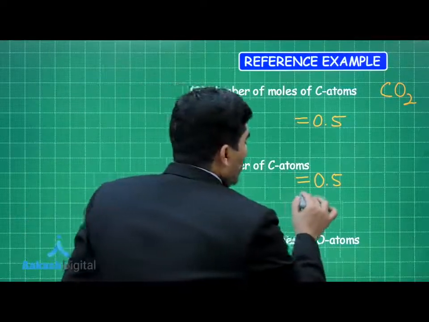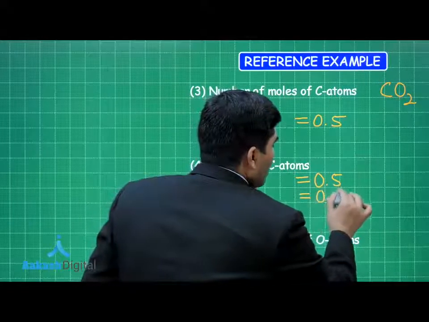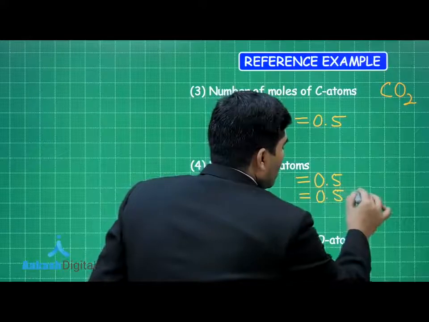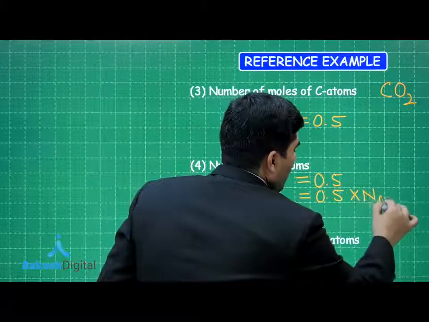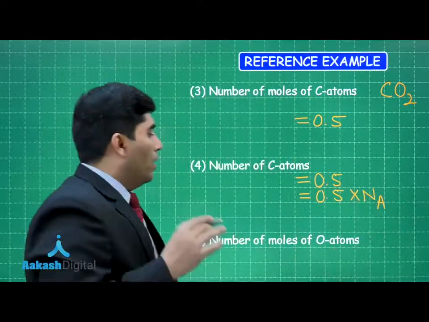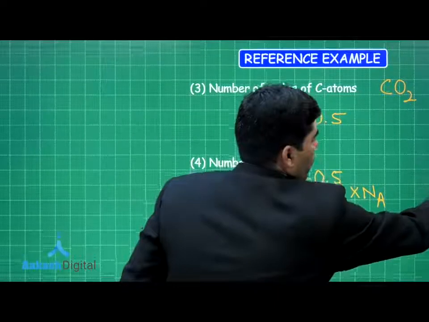Therefore, the total number of carbon atoms will be equal to 0.5 into Na, right? Now, the next part.